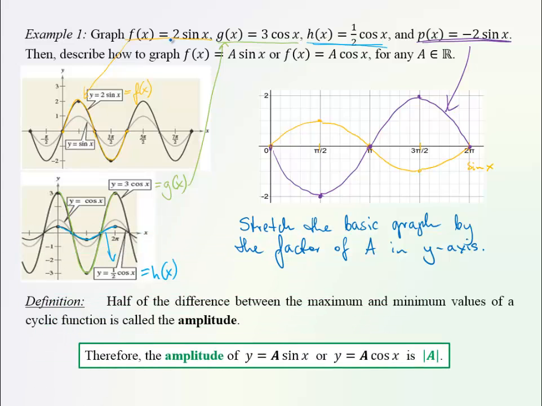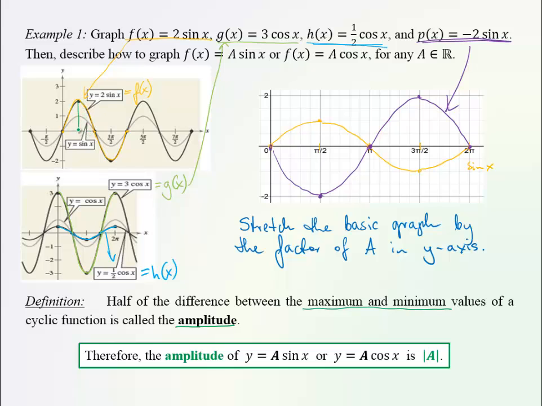So notice that this number in front of our functions really influences the height of the wave. And this height will be called the amplitude. So formally, the definition of amplitude is we're taking half of the difference between maximum and minimum values, which also indicates that amplitude is always positive because we subtract from the highest number the smallest number. So in this case, that was 2 minus negative 2 is 4, divided by 2 is 2.